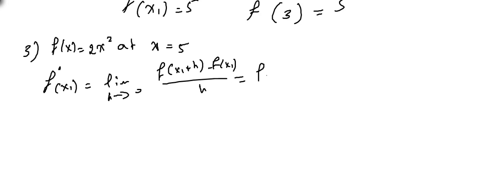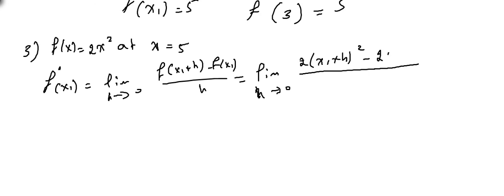I want to do this fast because time is moving. So f of x1 plus h is 2 times (x1 plus h) squared, instead of x, minus f of x1, which is 2x1 squared, over h.